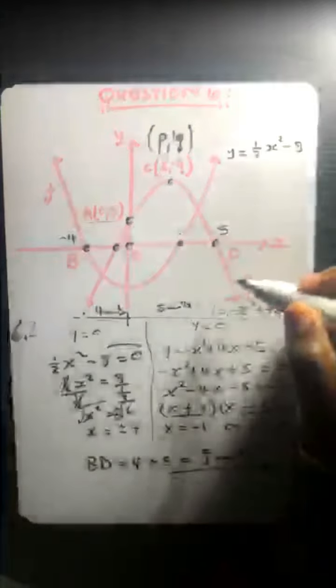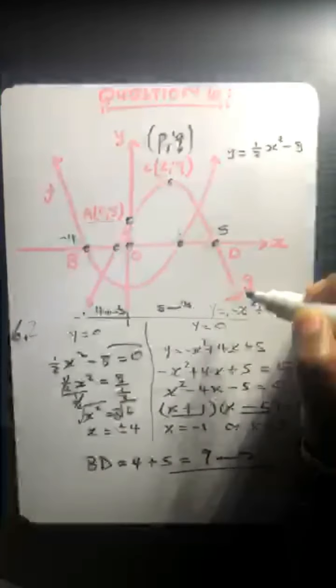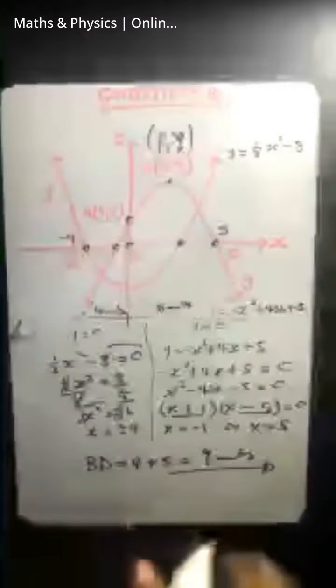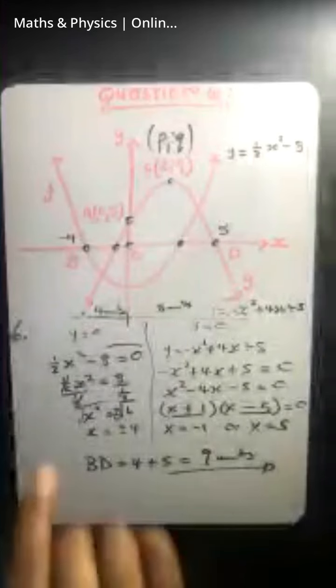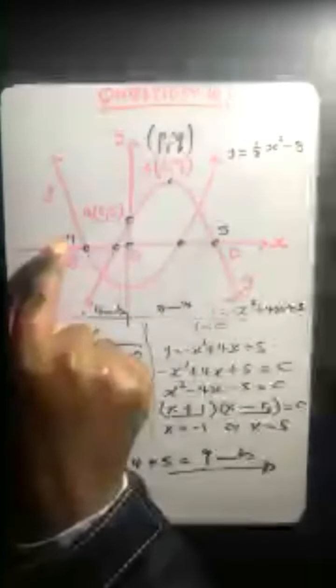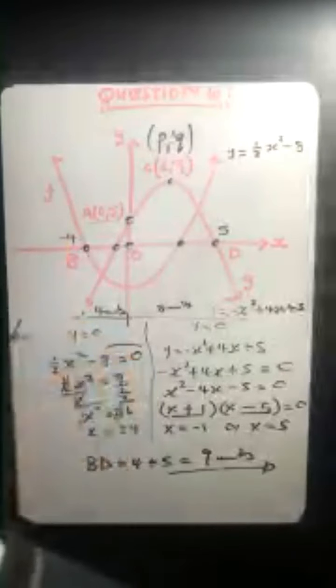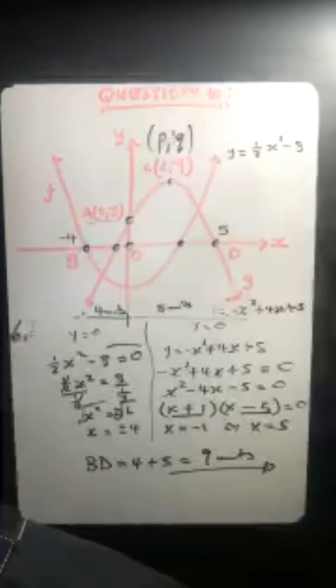So, I didn't take the positive 4. I took the length from the origin to that point. The negative, remember, tells you the direction, Hamisa. There's nothing called -4. Okay, it's there.